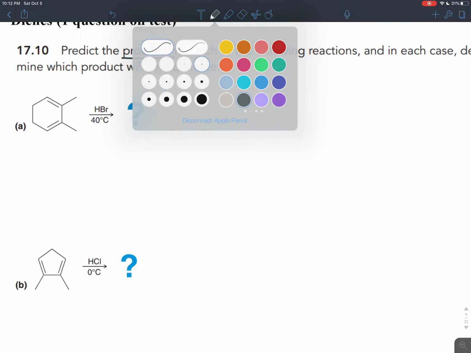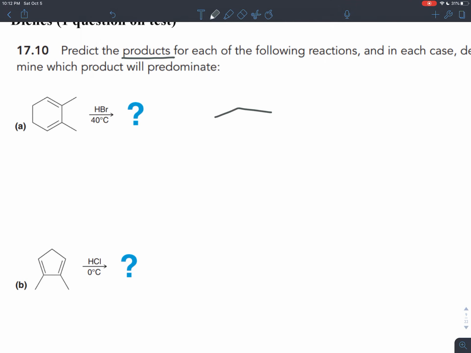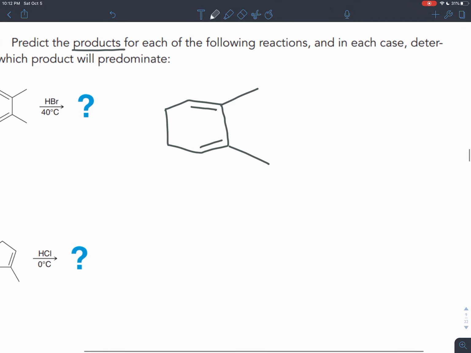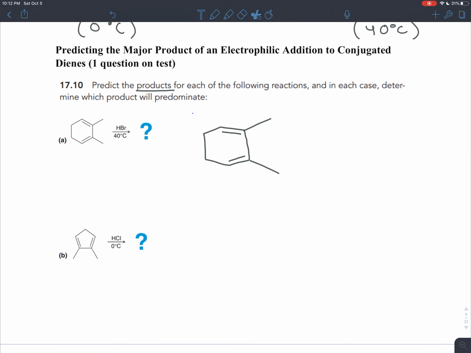So first, we don't have to draw the mechanisms here. We're just drawing the products. So we'll redraw the molecule. I'm going to draw this molecule twice because we're going to get two products, the 1,2 product and the 1,4 product. And I'm going to number this so that it's easier for me to draw those two.